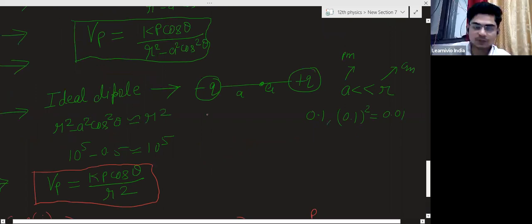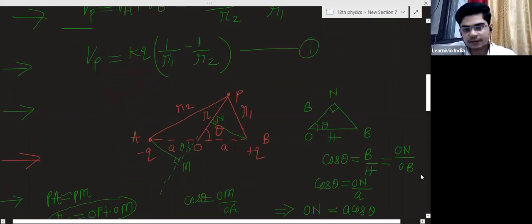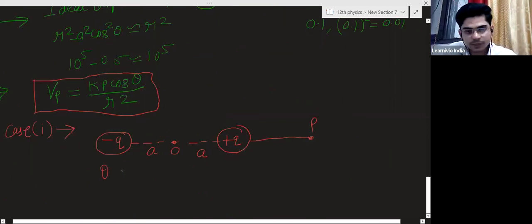Now this will be the theta, and now this point P comes here. So theta will be equal to 0 degree. So we can calculate the value.